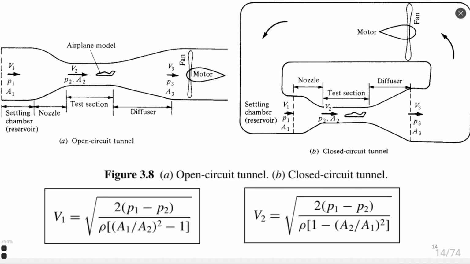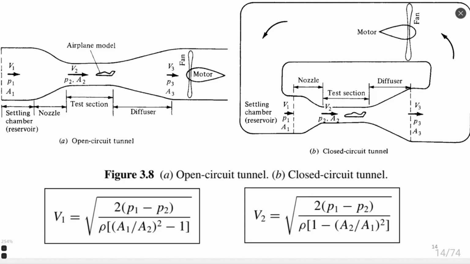Another type of wind tunnel is the closed circuit tunnel. Such a closed circuit tunnel has a duct where the flow is reutilized in such a way that we can use some part of the kinetic energy of the flow.